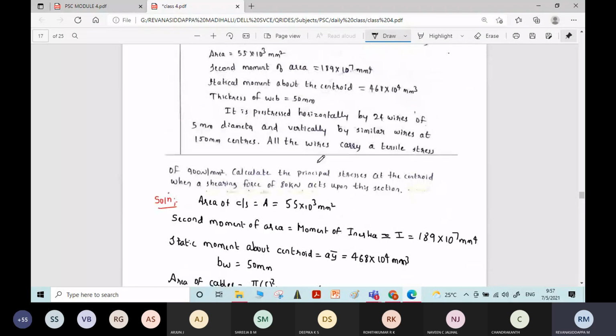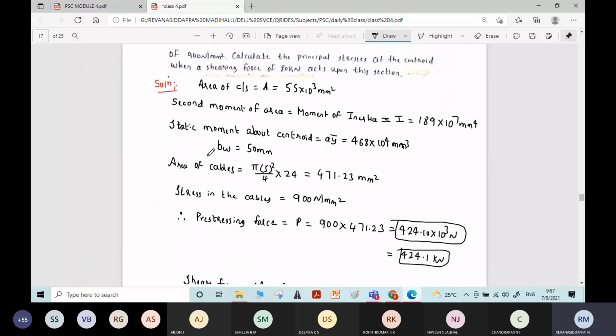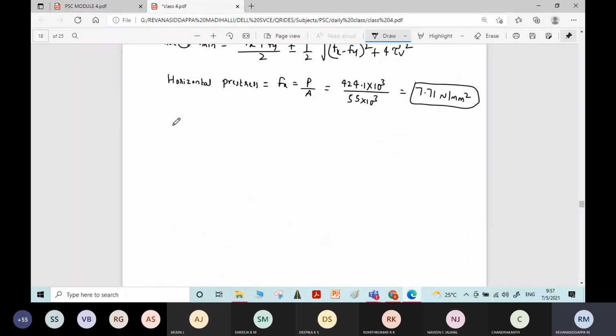You just go through the problem. What is the vertical reinforcement or vertical tendons given? They are having 5 mm diameter placed at 150 mm center to center. For that, I'll draw the diagram now. If you draw the diagram, it will be easy to do the calculation. I'll draw a small diagram.